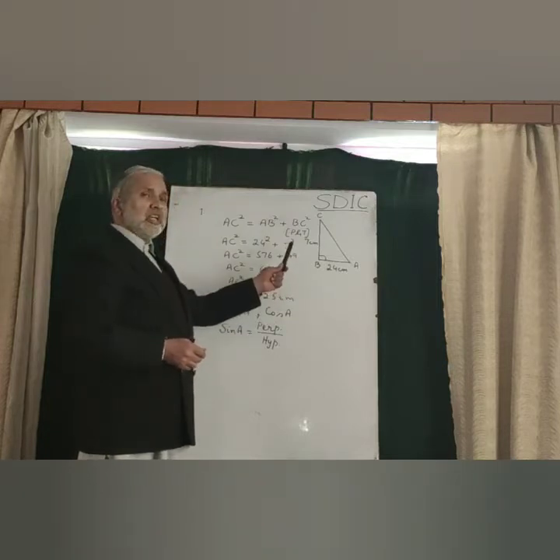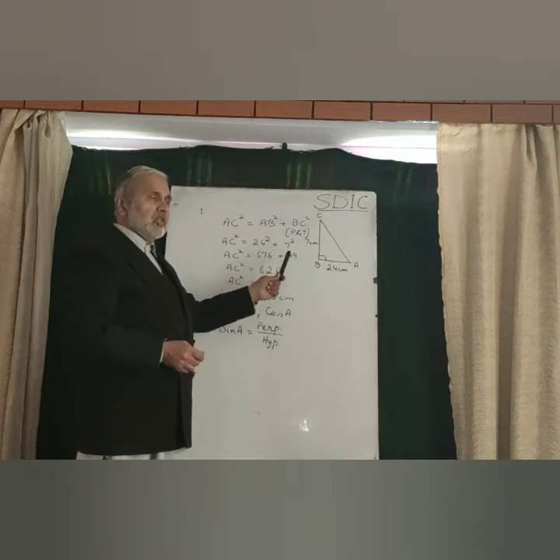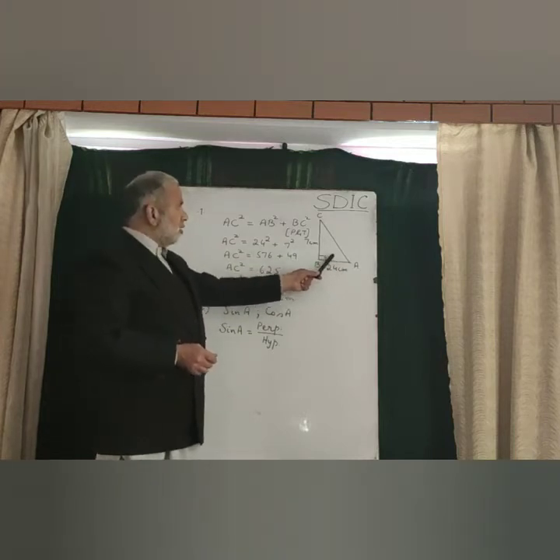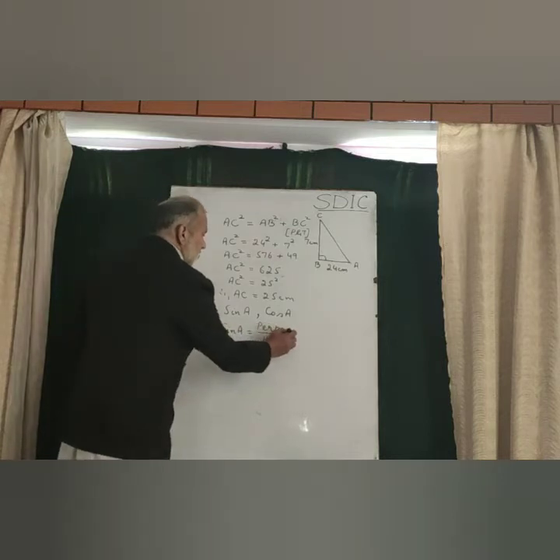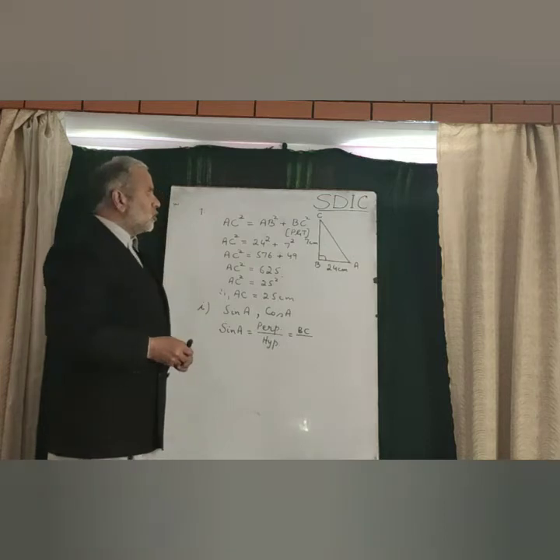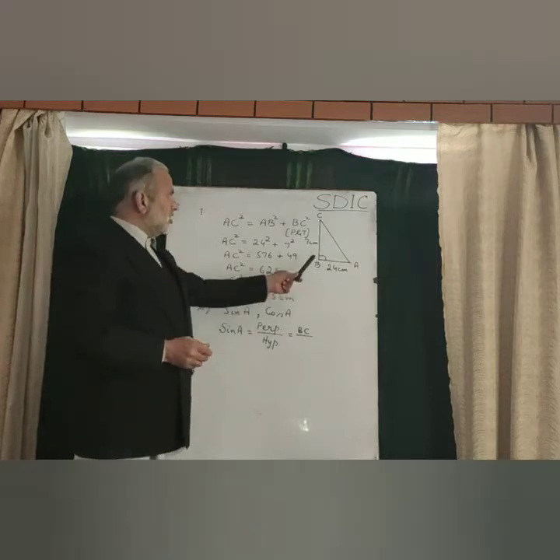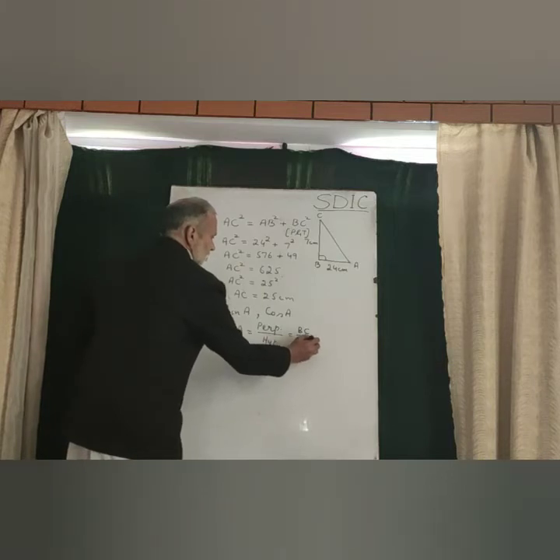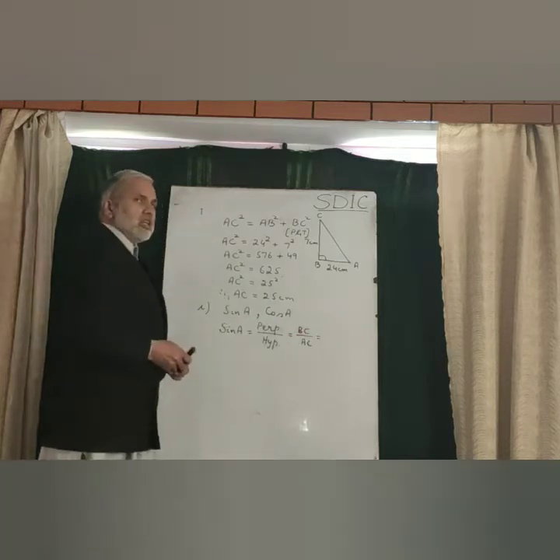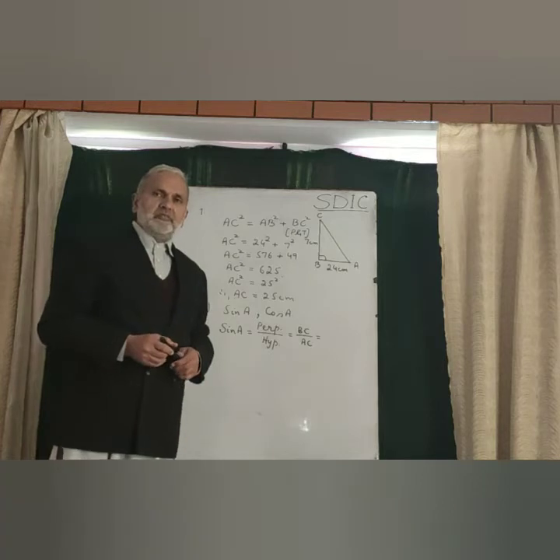Perpendicular is the side opposite to the acute angle. Acute angle being A, the side opposite to that is BC. So therefore, perpendicular is BC, divided by hypotenuse, which is the side opposite to the right angle, and it is AC in the figure. Thus, sine A is BC by AC.